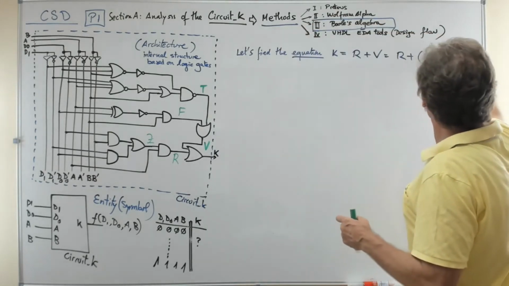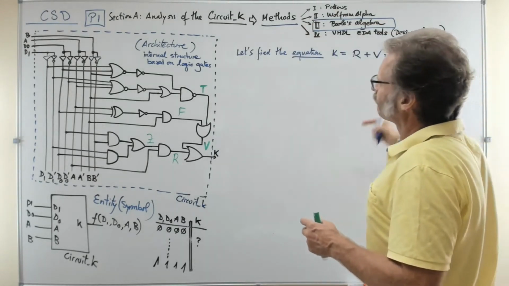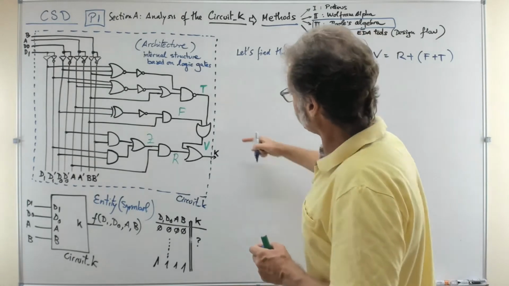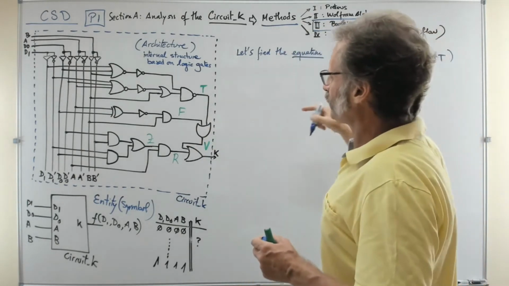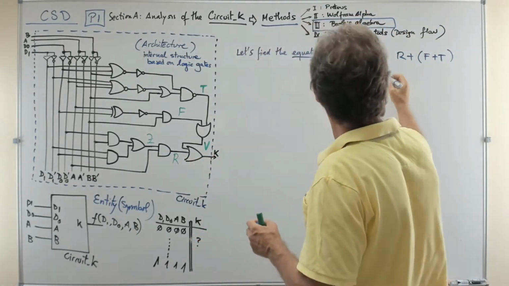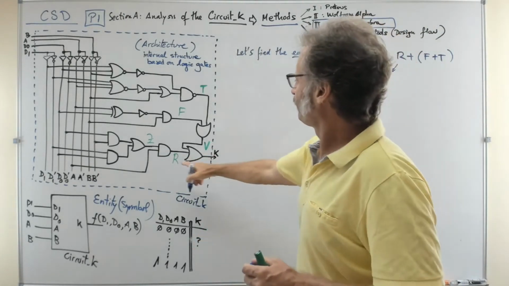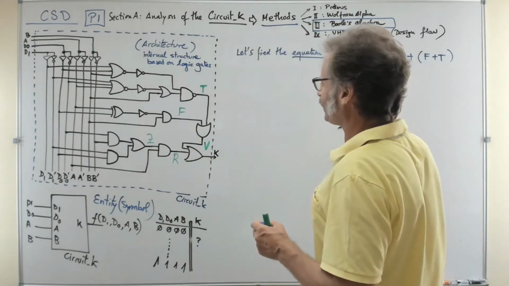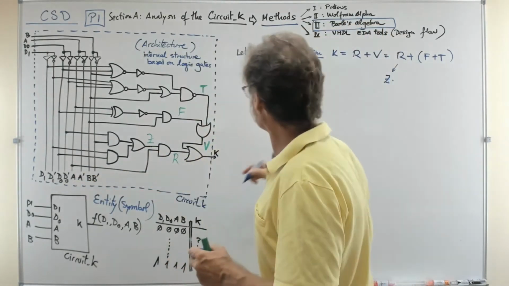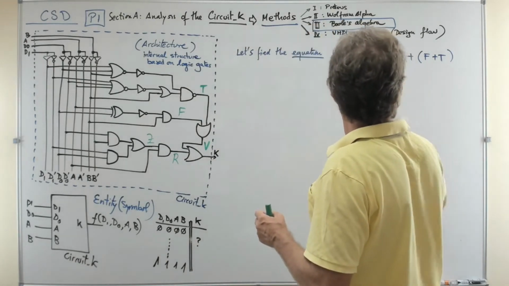Something like this. There are several ors here, right? And now, if you like, R becomes Z and A. Okay.